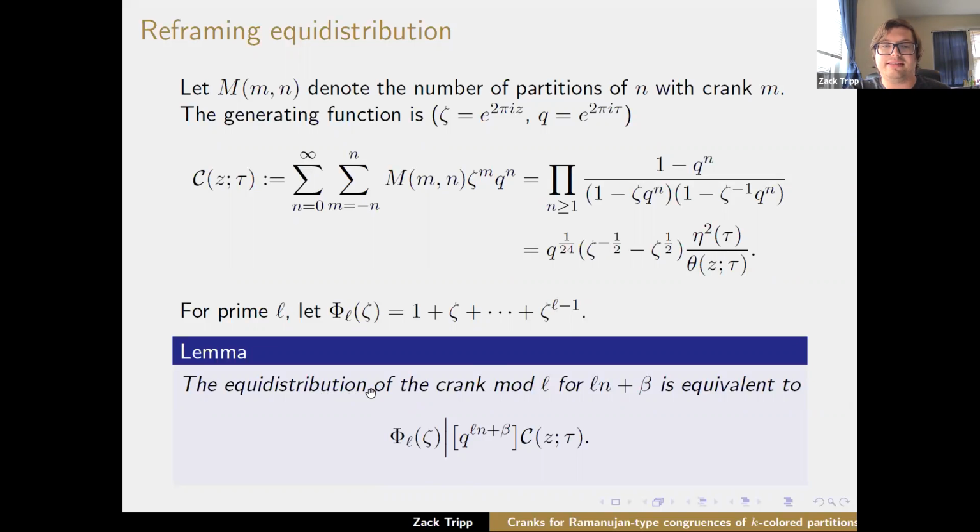And the crank being equidistributed in the way I described earlier is the same thing as this cyclotomic polynomial dividing that coefficient. So for the rest of the talk, instead of talking about equidistribution as counting the number of cranks in certain classes, we'll just talk about being divisible by this cyclotomic polynomial.